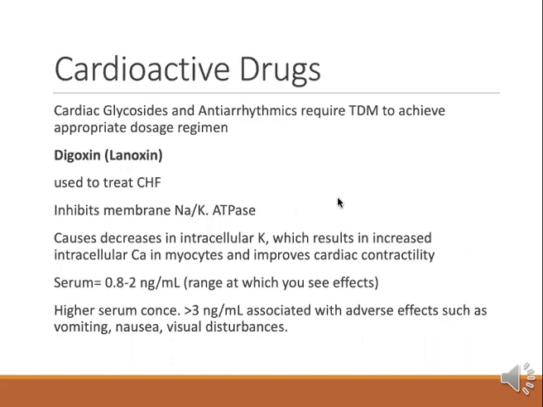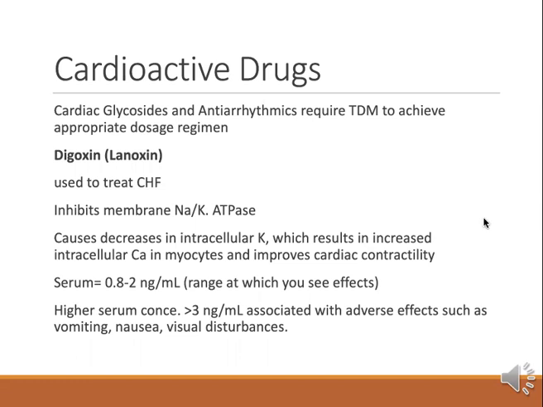So now I'll talk about some examples of certain drugs. We'll start with the cardioactive drugs. These could be cardiac glycosides and antiarrhythmic drugs, and these require TDM, therapeutic drug monitoring, to achieve the appropriate dosages.